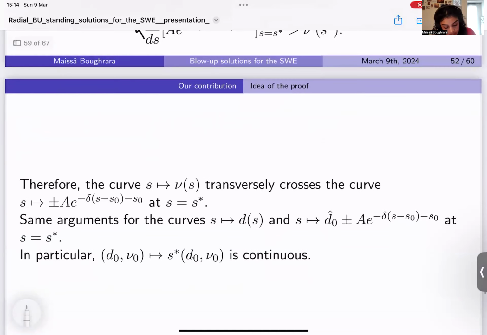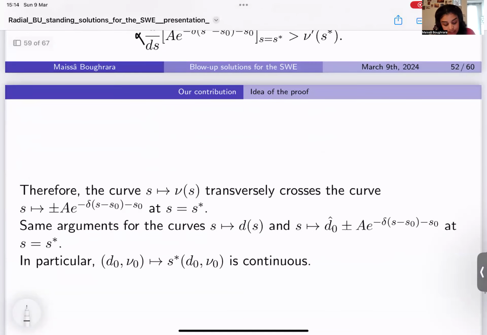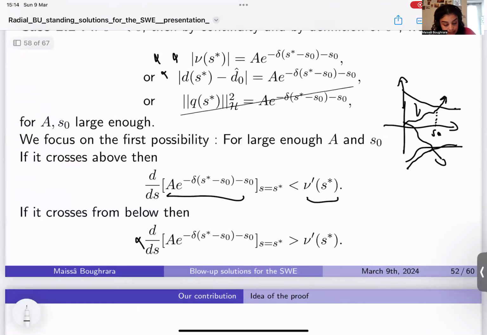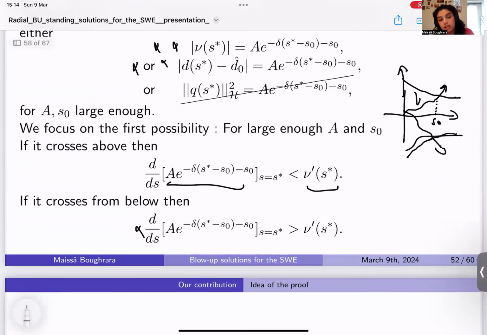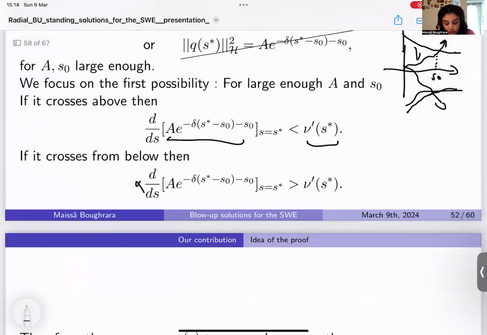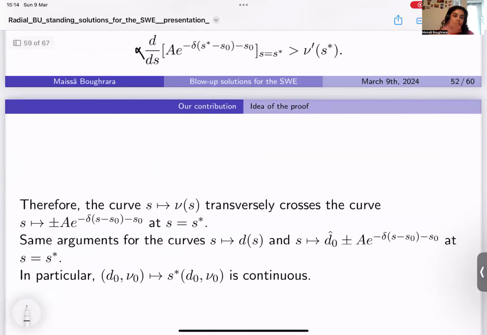We use the same argument for the second case, this one. Either it's going to cross above or it's going to cross below, and one of the borders is going to be strictly greater or less than the curve.